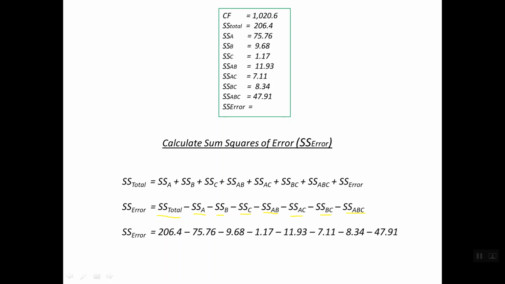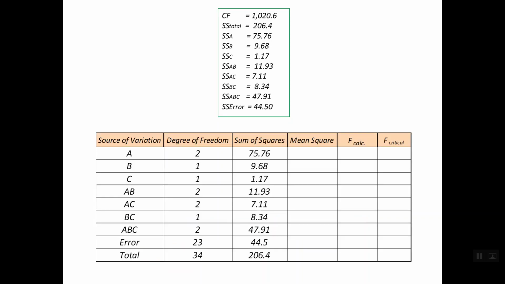So we substitute from the table in the above. So you can get the value for the SS for the error. It is simply equal 44.5. By this, we complete all of the calculation for the SS.